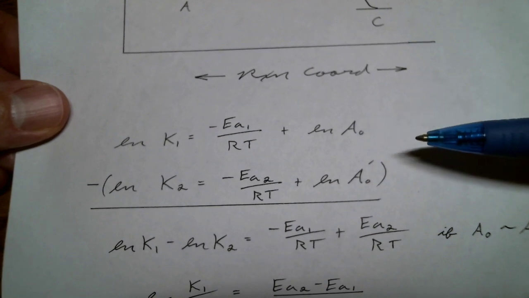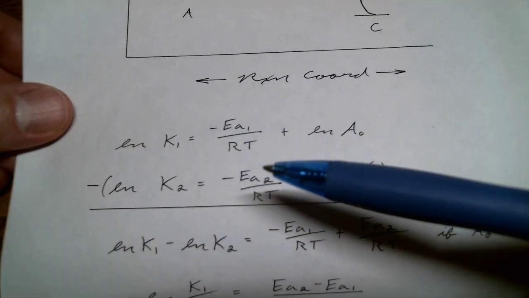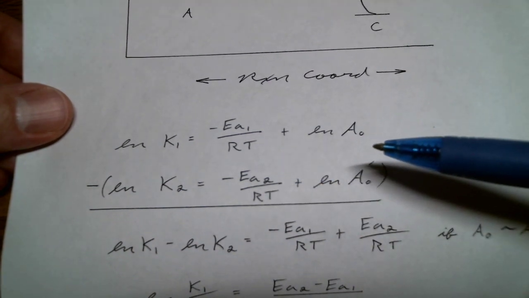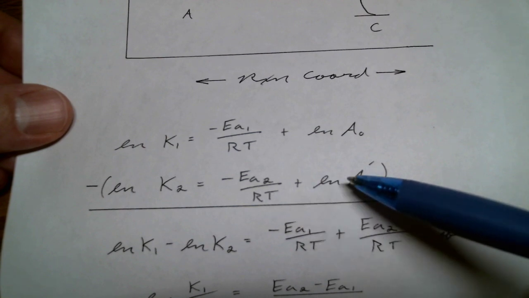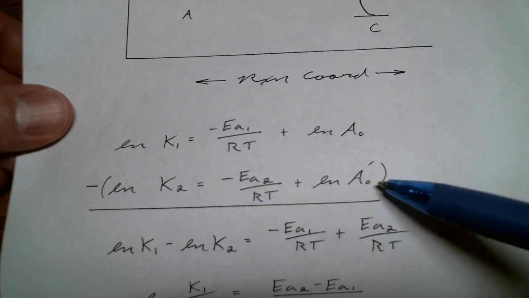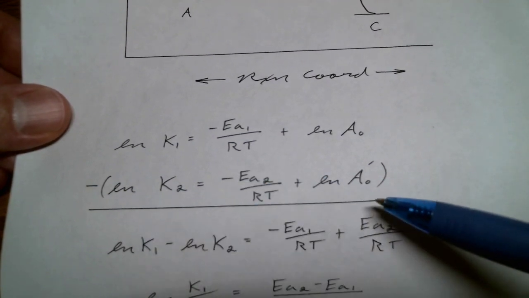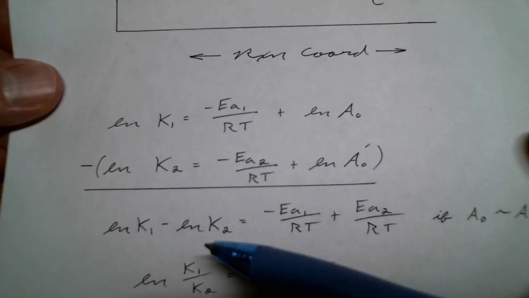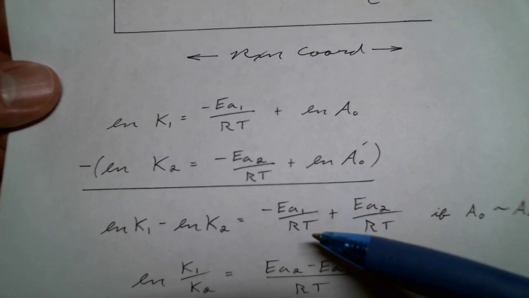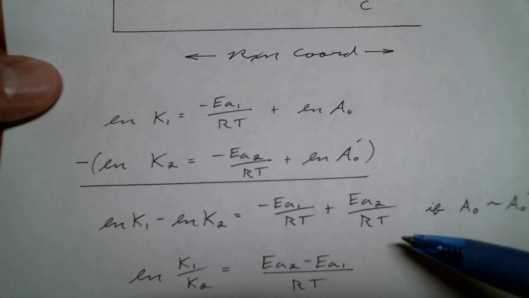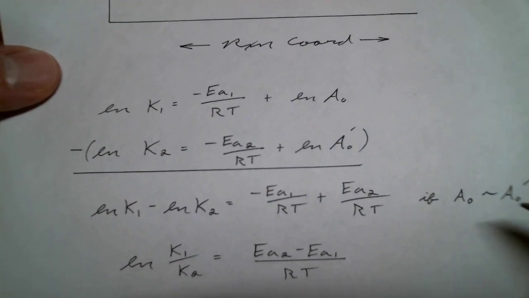So if we do Arrhenius equations for both these paths, ln k1 equals negative Ea1 over RT plus ln A naught, and ln k2 equals negative Ea2 over RT plus ln A naught prime. As long as A naught and A naught prime are similar, we could subtract one equation from the other, and we get ln k1 minus ln k2 equals negative Ea1 over RT plus Ea2 over RT, because these cancel out as long as they're similar.